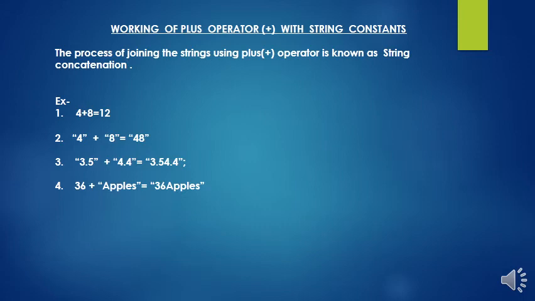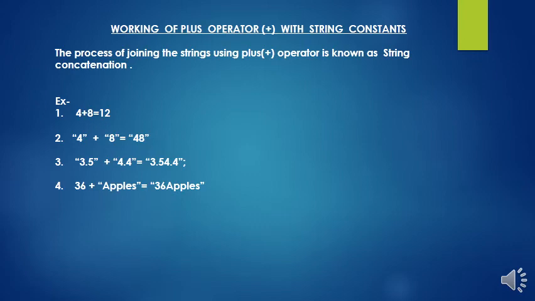Children, the next topic is the working of the plus operator with a string constant. A very important topic it is. The plus operator performs the addition of two or more numbers and results in the sum. Apart from number addition, the plus operator can also be used with two or more string constants.